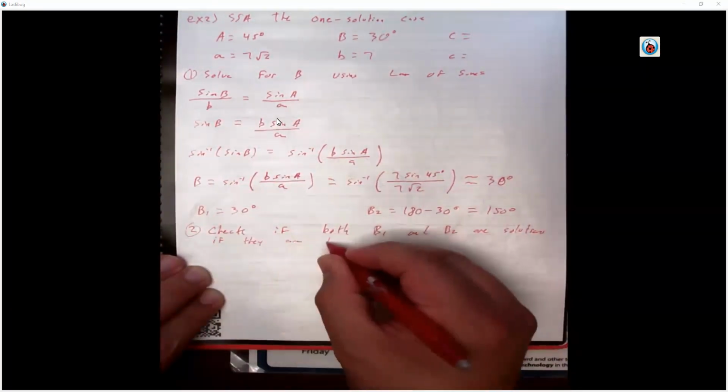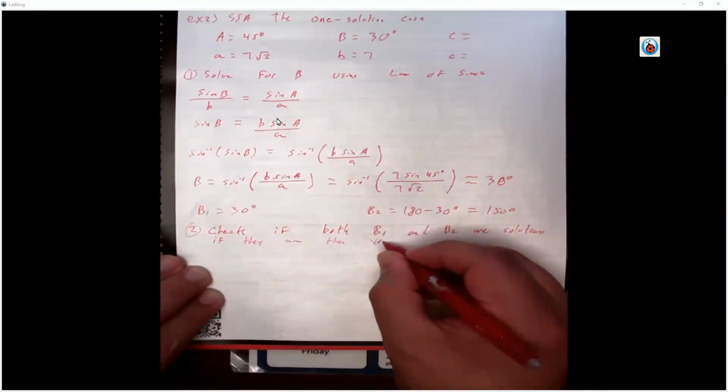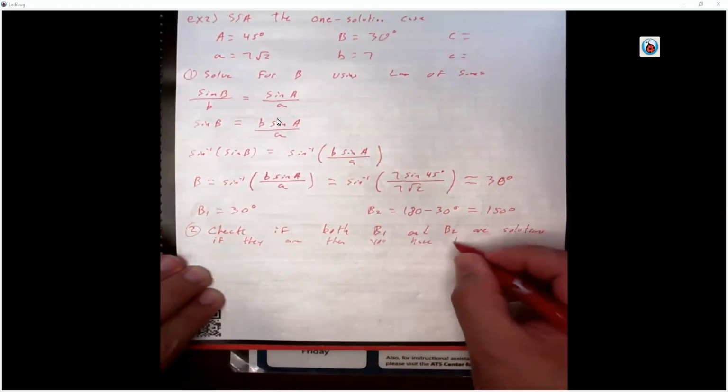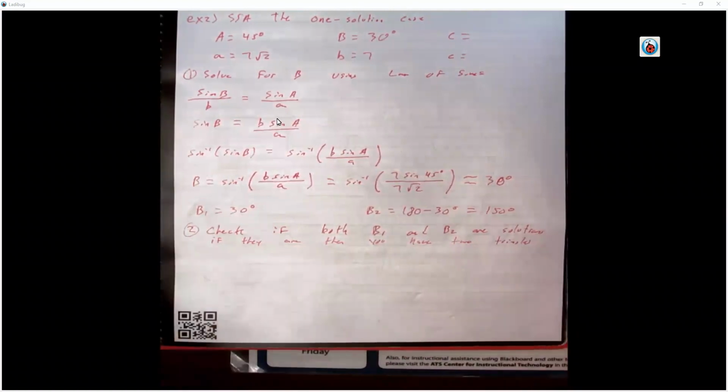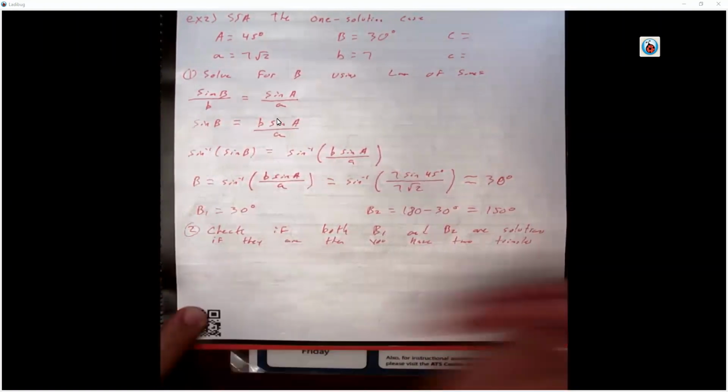If they are, then you have two triangles. If only one of them works, then you have one triangle. Okay. That's how you check. All you got to do is add to the original A and check if it's less than 180.